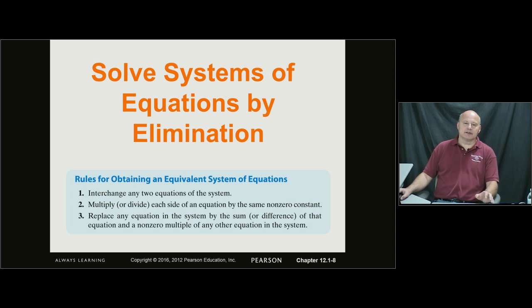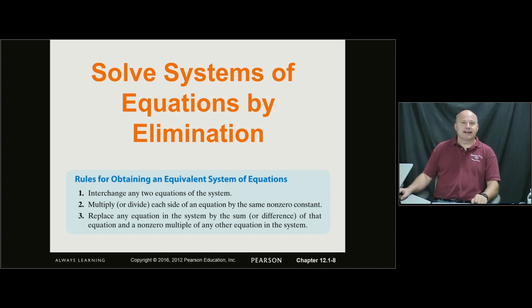That's pretty cool because you can add or subtract two equations and then replace either equation that you have with that equation. So if you have equation 1 and equation 2, and you add those equations up and get equation 3, and you want to scratch out equation 2 and replace it with equation 3, you can do it. That's what rule 3 is saying.